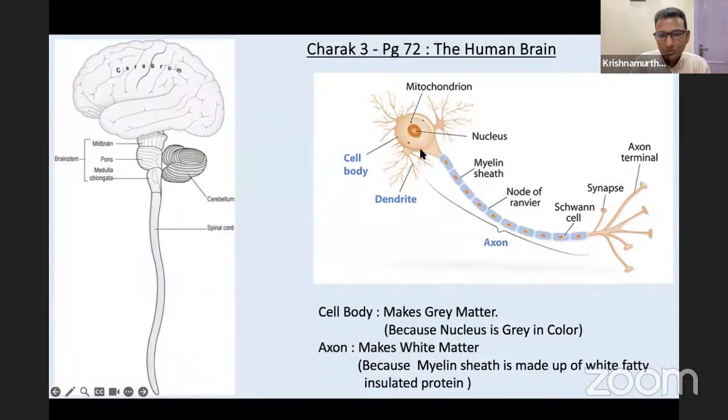So here there is a little difference, no? The nomenclature given is different than what I explained. So you can consider this to be head, but it is called as cell body, because there is a nucleus.